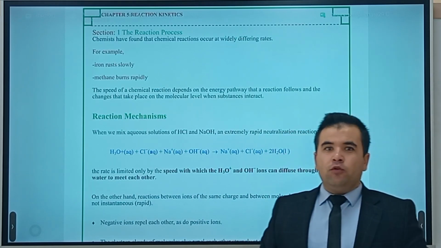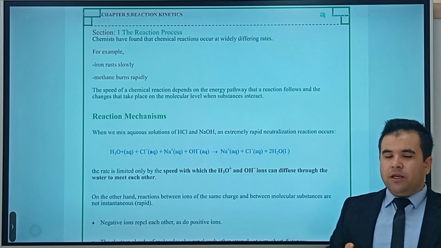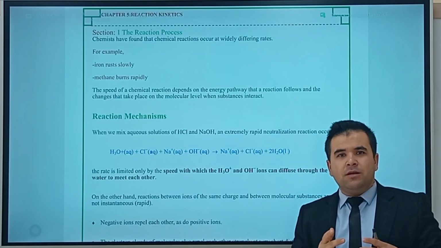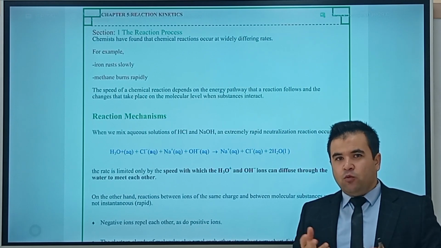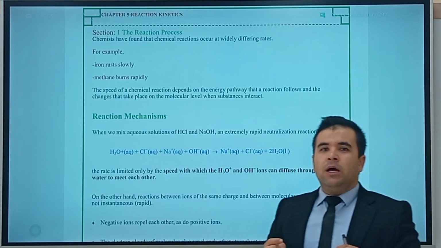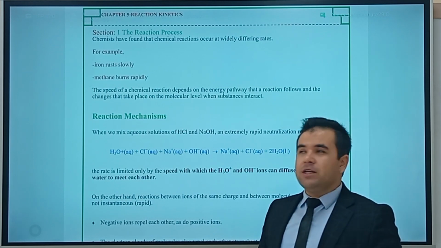Guys, for the mechanism of the reactions, usually in chemistry, the reactions proceed with different speeds. A reaction mechanism can be a slow mechanism, and another one a fast mechanism.